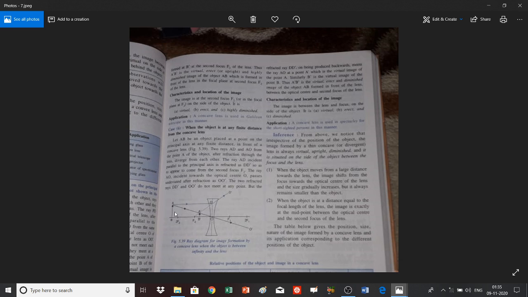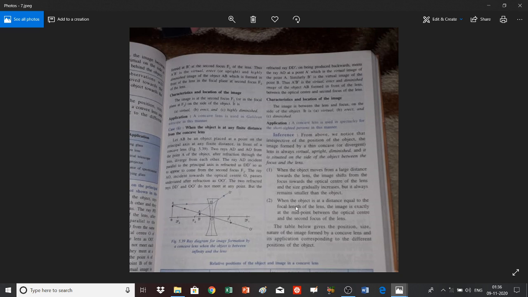When the object was at infinite distance, the image was a point image formed at the focal point, but here, as the object moves towards the optical center, the size of the image increases. But however much you go towards the lens, the size of the image is always smaller than that of the object.